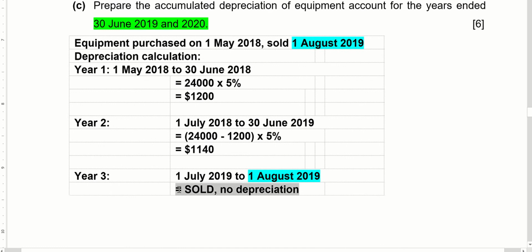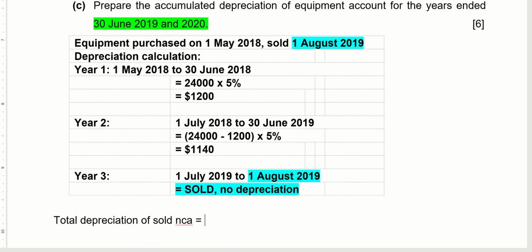Therefore, your total depreciation of the sold asset, NCA, is equal to 1200 plus 1140, which will give you 2340.